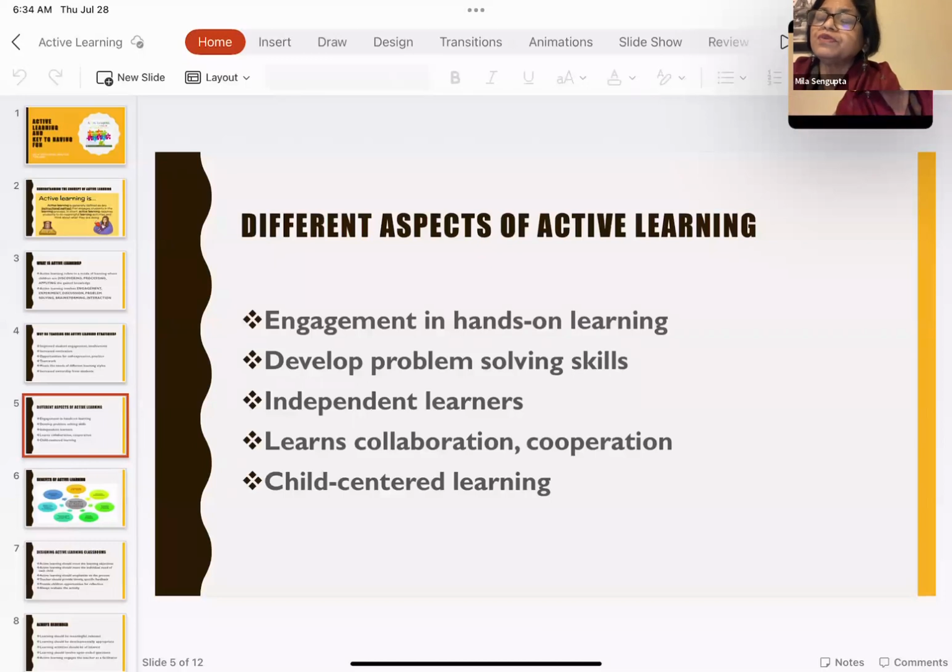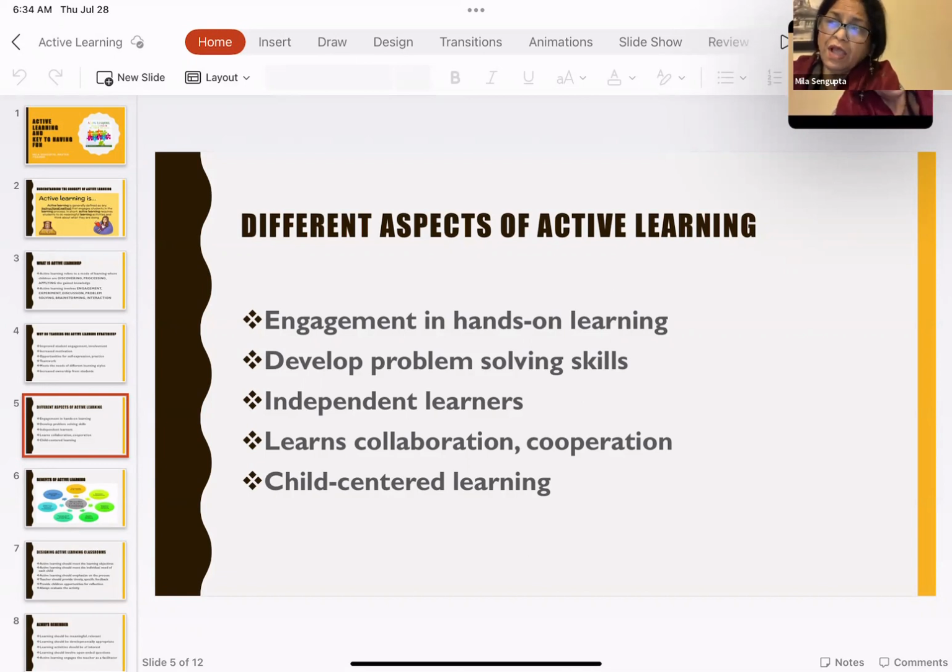So what are some of the important key aspects of active learning? It's engagement in hands-on learning. They should be able to feel, touch, use their senses to gain that knowledge. Develop problem-solving skills. While children are working on these, there is not one way to come to a successful outcome.